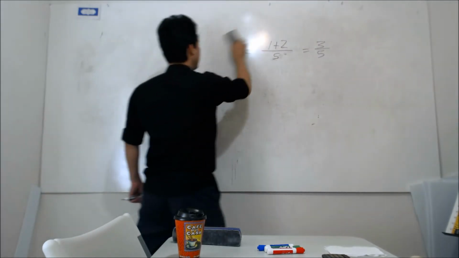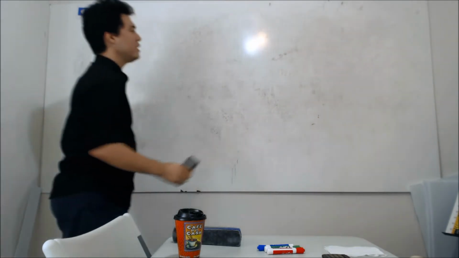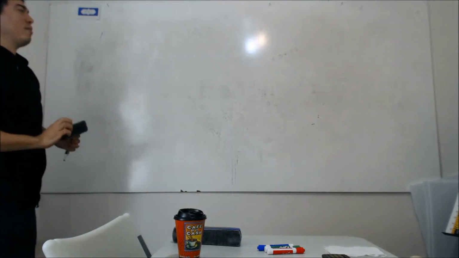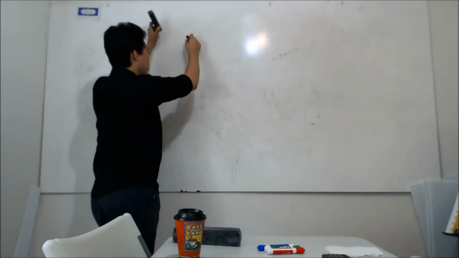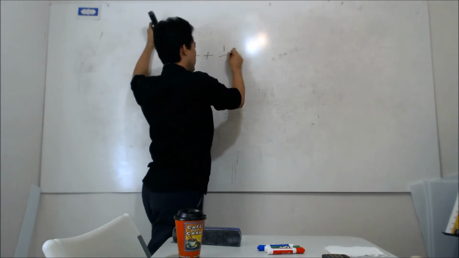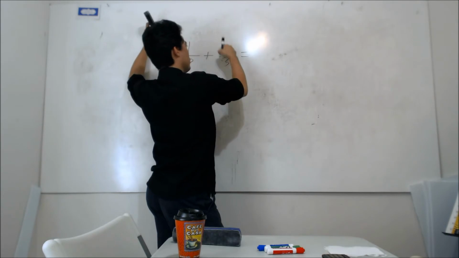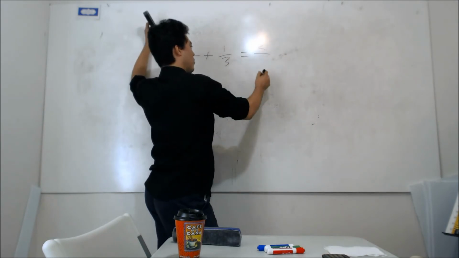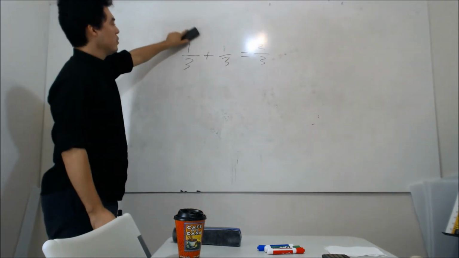So remember, if you want to add two fractions with the same denominator, you add the numerators and you place them over the denominator that they have in common, right? So just again a recap: 1/3 plus, let's say, 1/3. They have the same denominator, so you add the numerators, which gives you 2, and you keep them over the common denominator, which is 3. So 2/3.